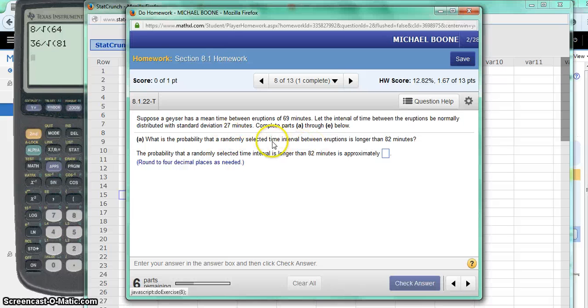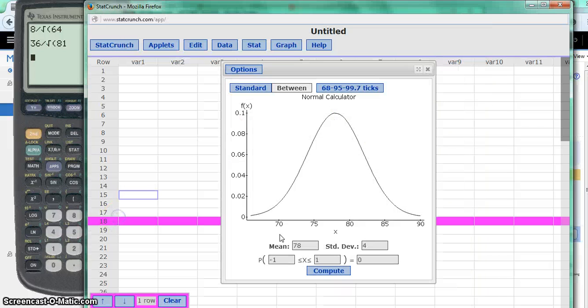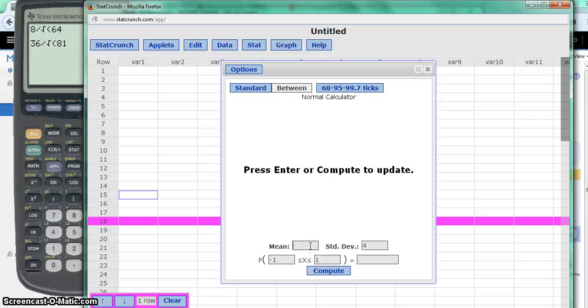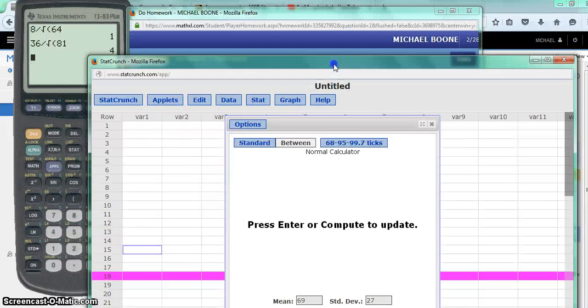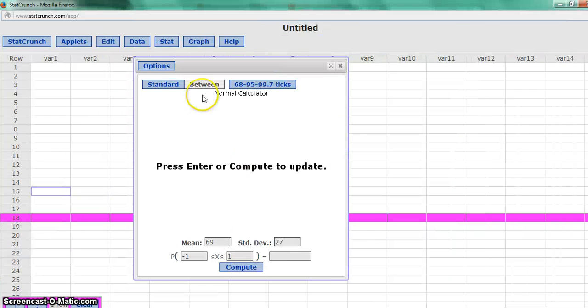So on this one, one randomly selected time interval between eruptions is no longer than 82 minutes. So this is dealing with one thing. So our mean is 69 and our standard deviation is 27, and they're looking to see that it will be longer than 82 minutes.